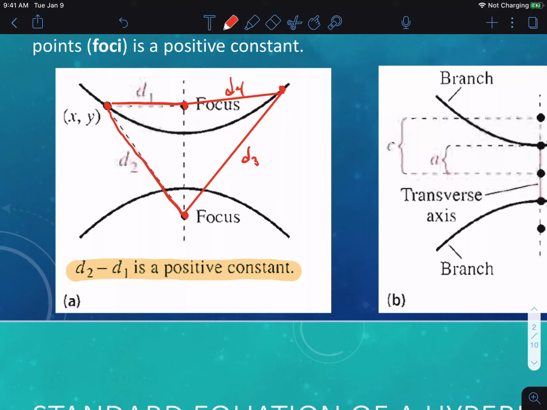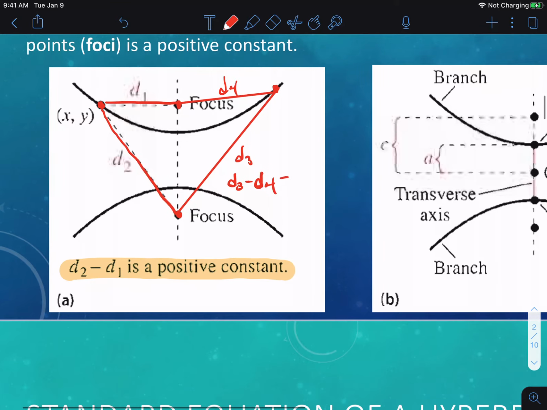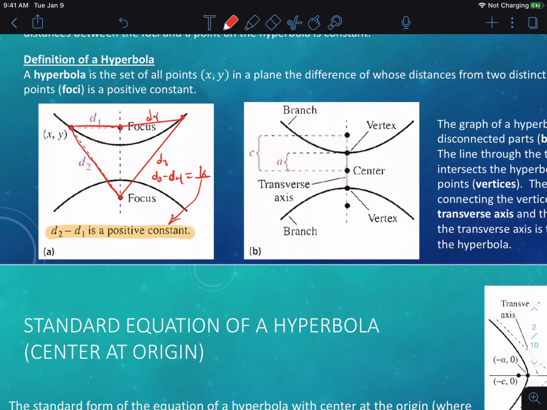And if D3 is longer than D4, so if I took D3 and subtracted D4, I will get that same constant. I'll just call it K, but it's going to be the same constant. So that's what the definition of a hyperbola is. And notice there are some similarities and some differences in how it relates to an ellipse.